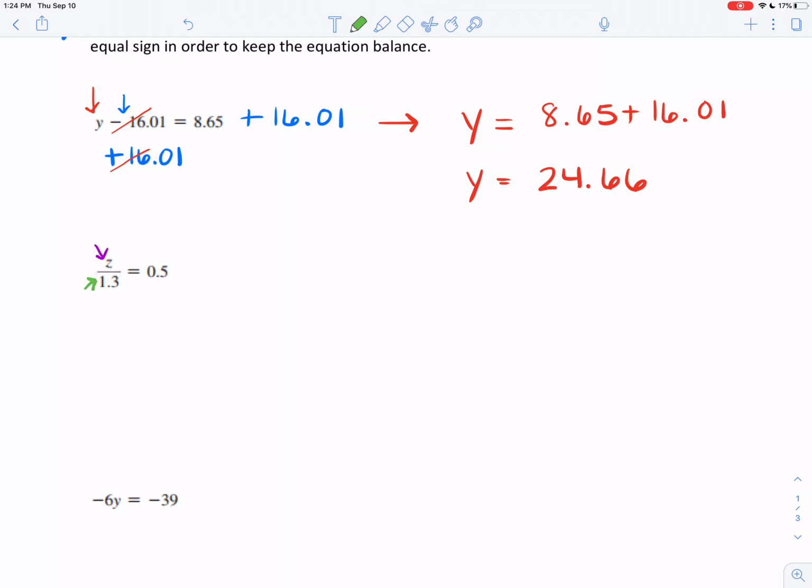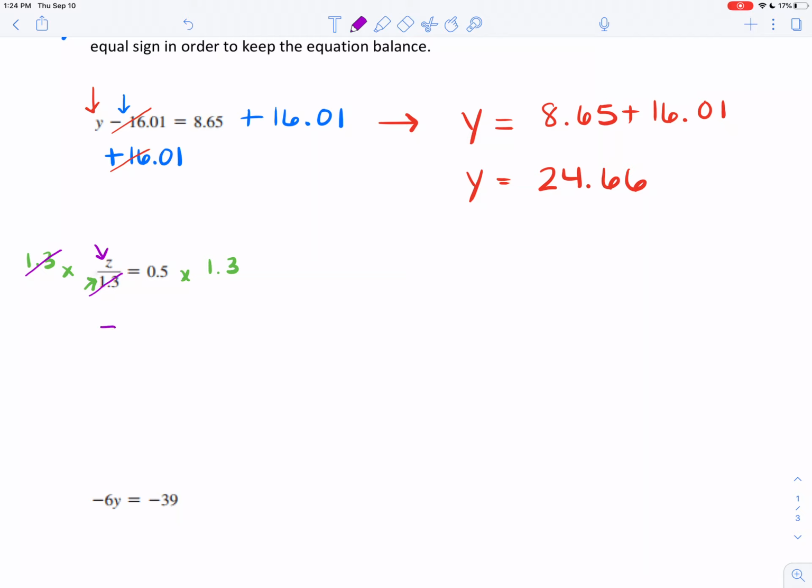We're always going to use the opposite operation. All right, so if I want to multiply by 1.3 on this left-hand side, I have to do the exact same thing on the other side to keep the balance. All right, now again, notice what's going to happen when I do that. On this side, the 1.3s are going to go. 1.3 divided by 1.3 is 1.